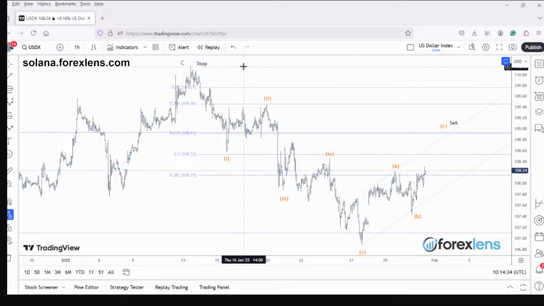Only thing is the stop cannot be moved at this point in time. But once we have more than confirmed the larger degree trend resuming on the downside, we will definitely move that stop from 110.50 to a lower level. All right. So that's the story for the dollar index.